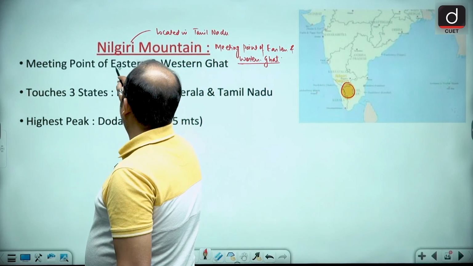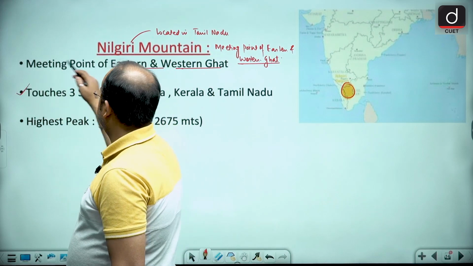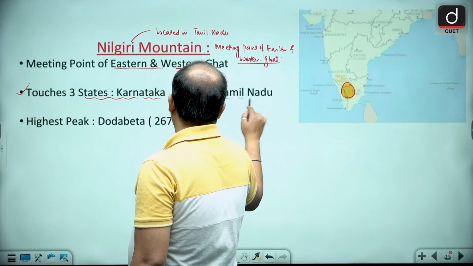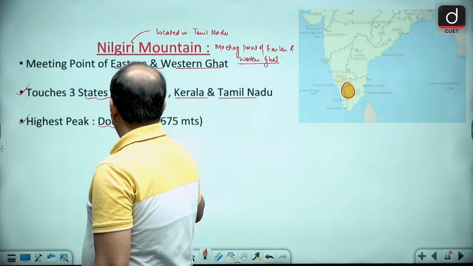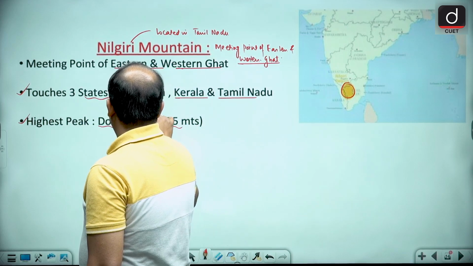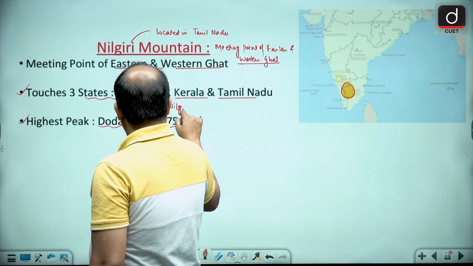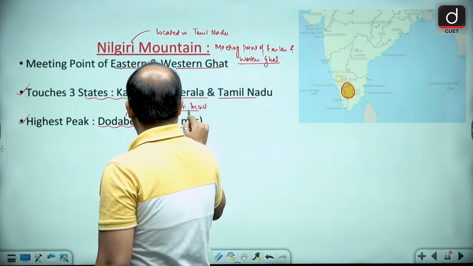It is the meeting point of the Eastern and Western Ghat in Tamil Nadu, and this Nilgiri touches three states: Karnataka, Kerala and Tamil Nadu. The highest peak of the Nilgiri hills is called Doda Betta, which is 2675 meters, and it is located in the Nilgiri district of Tamil Nadu.